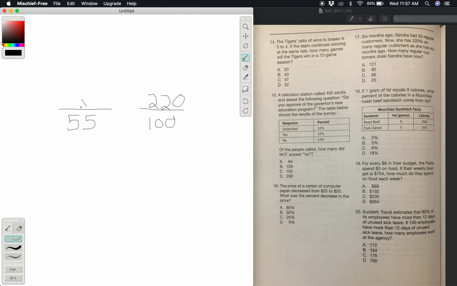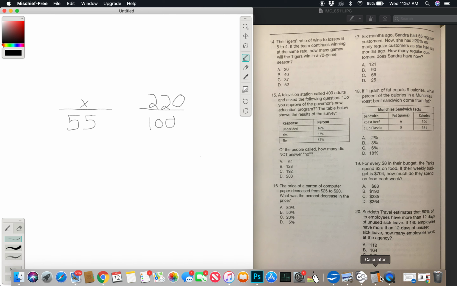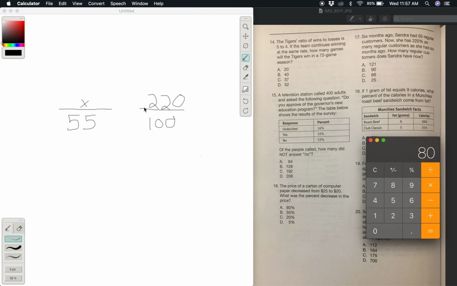Then the missing variable, now we do the same formula. Multiply towards the missing variable diagonally: 220 times 55. Then we'll divide horizontally back to the 100 here. So divided by 100 equals 121.